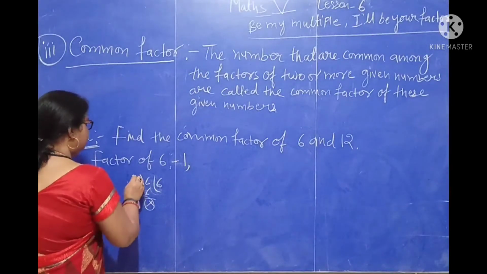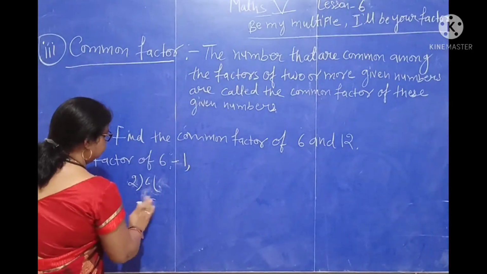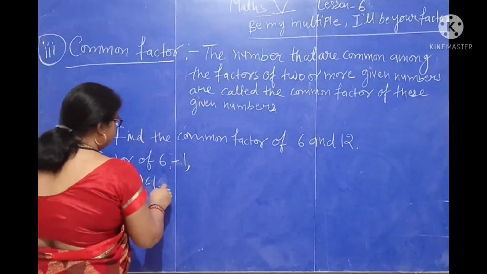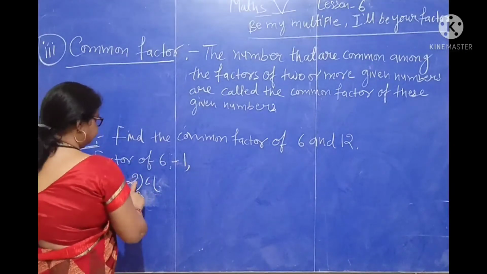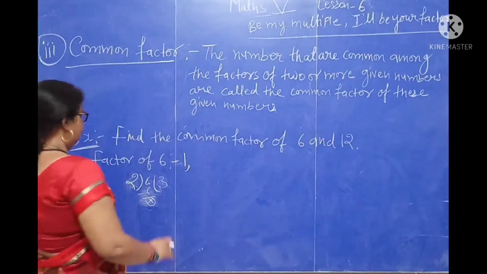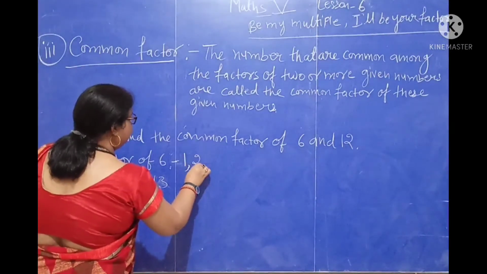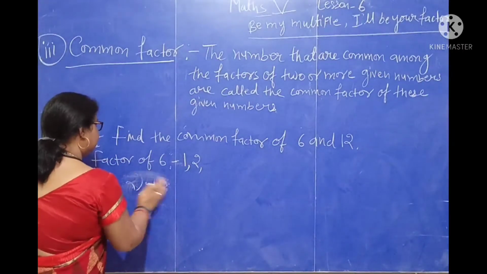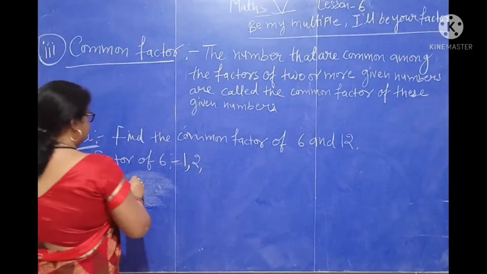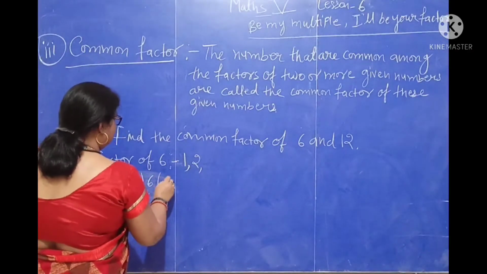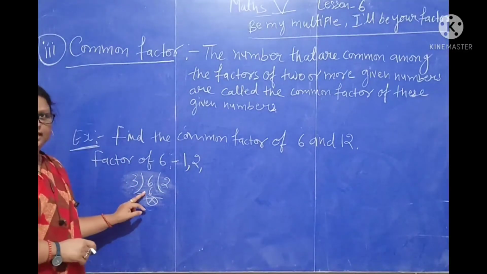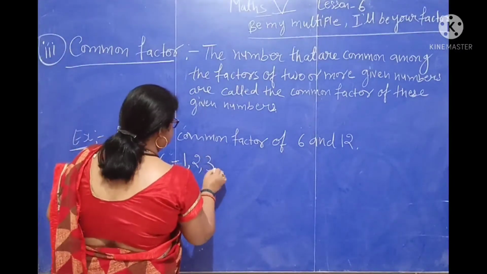Next number, 2. 2 can divide 6 exactly without leaving any remainder. 2 times 3 is 6. So 2 is a factor of 6. Next number, 3. 3 exactly divides 6 without leaving any remainder. 3 times 2 is 6. So 3 is a factor of 6.